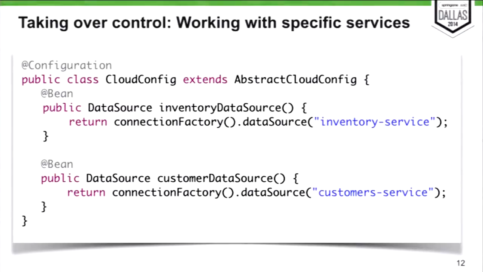But if you did expect particular one, then all you do is provide the service name. And it will bind now to, in this case, inventory service, the first bean, and the second will be customer service. That is still fine. This is, by the way, the case auto reconfiguration wouldn't have worked. If there are two data sources, the same issue arises, it won't know which one it should swap with what.